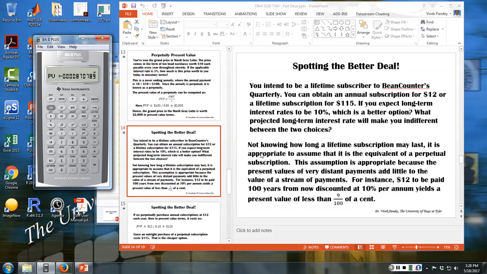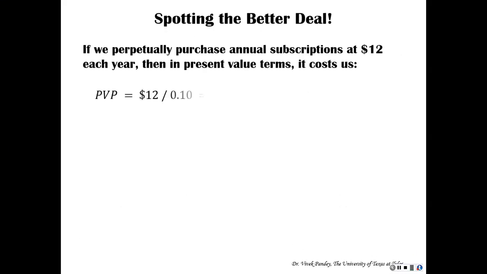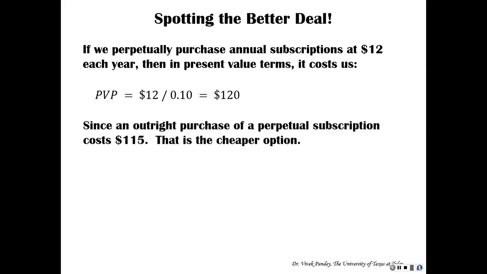All right, so basically we're saying here that it's appropriate to consider a lifetime subscription to be equivalent to a perpetuity. In which case, we can simply find out that the present value of the $12 payment in perpetuity at 10% interest rate is payment divided by the interest rate, or 12 divided by 0.1, or $120, right?